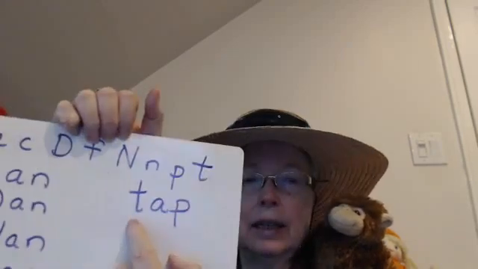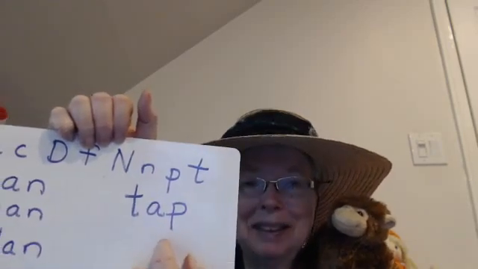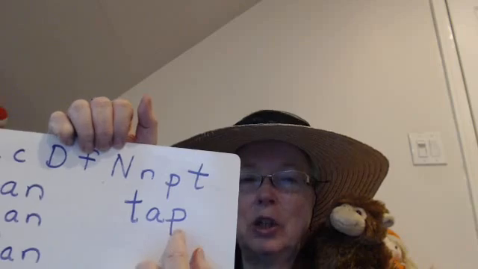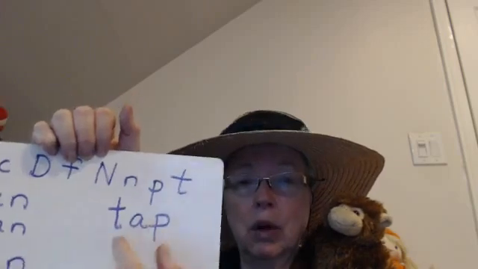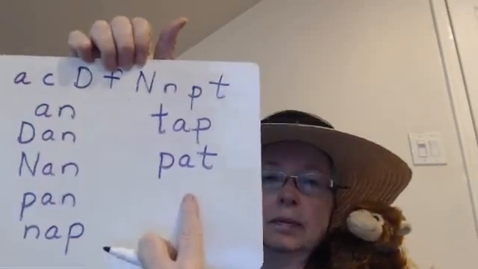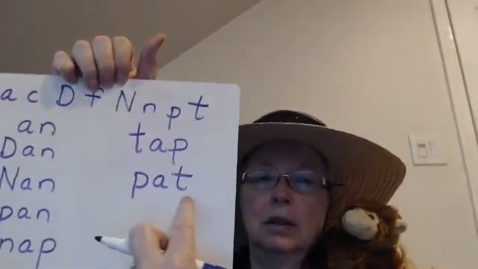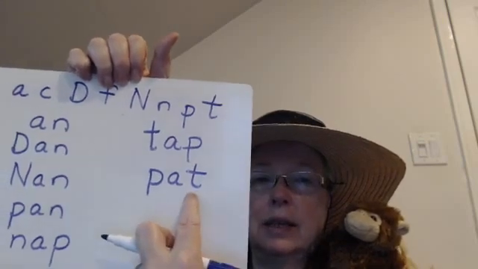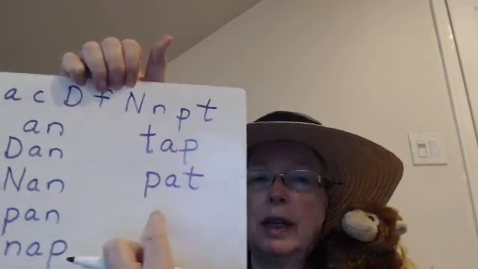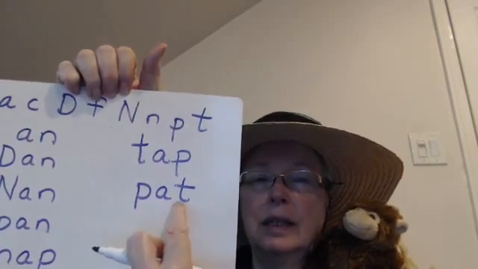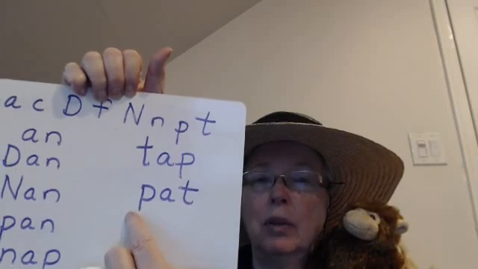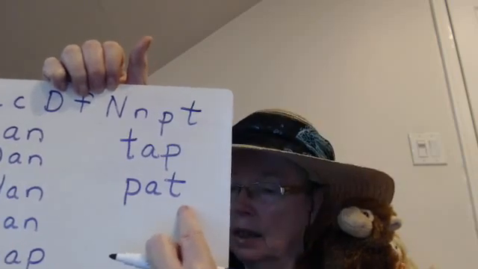Now let's look at the letters in tap, and let's switch the P with the T, and we get a different word. We know what AT is. We don't have it on here, but we did have it in our previous lesson. AT is at. Let's add the P, and we get the word pat.